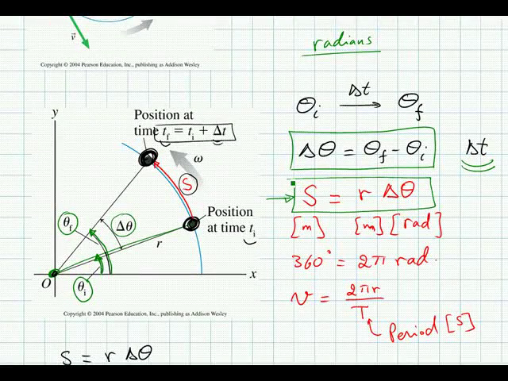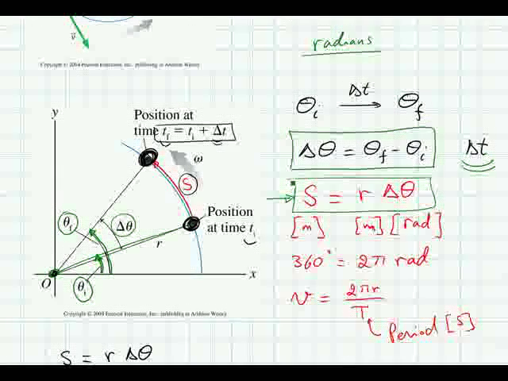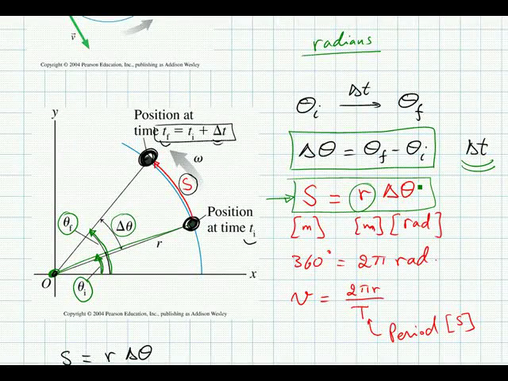S is equal to r delta theta. Well, r is the radius of the circular path. So if you make a measurement of r in meters and delta theta in radians, then if you multiply r by delta theta, you get the arc length in meters.